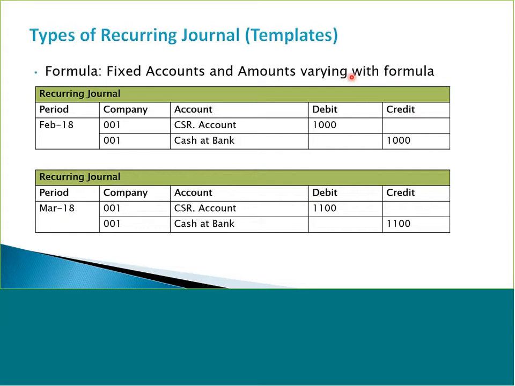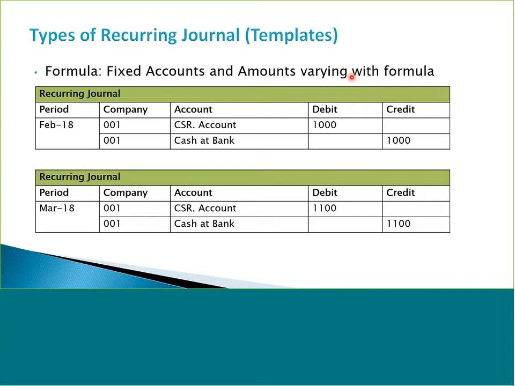So for example, assuming the amount this Maskani company contributes to CSR activities increases by 10% every month, then we can create a formula template in which we define that particular formula in the formula lines, and we tell the system that we want you to increase this particular amount by 10%. And as we discussed, those amounts can be set amounts.